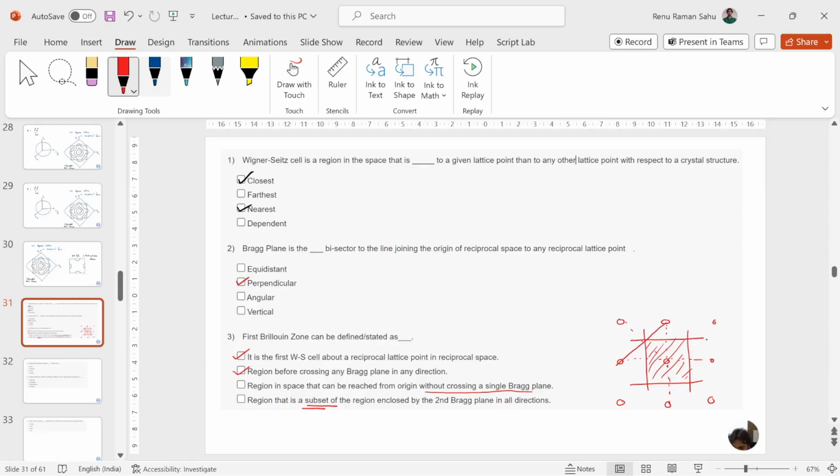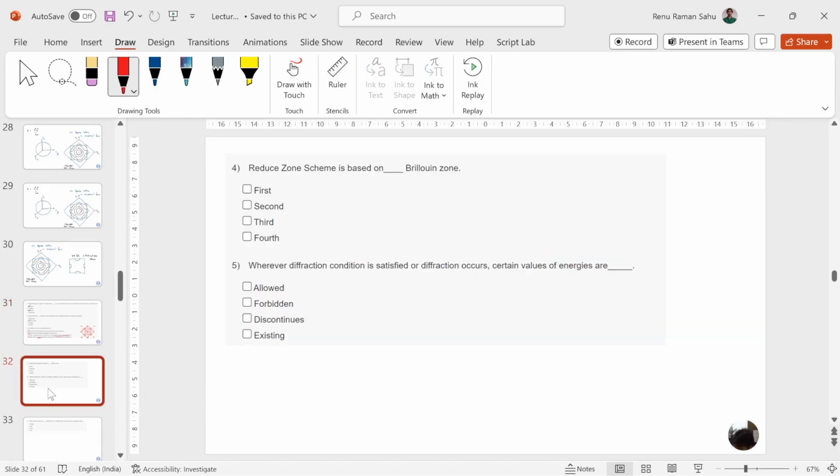You join this line here, join this line here, join this line here and take the perpendicular bisector. Join this line here, take the perpendicular bisector. This is your second Bragg plane, and this is the subset of the first Bragg plane. So this is also correct. That is also true. Okay. Got it, right?